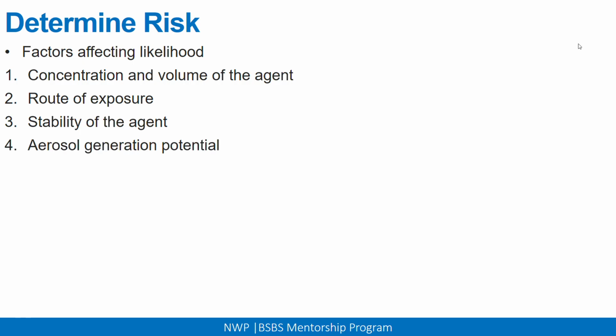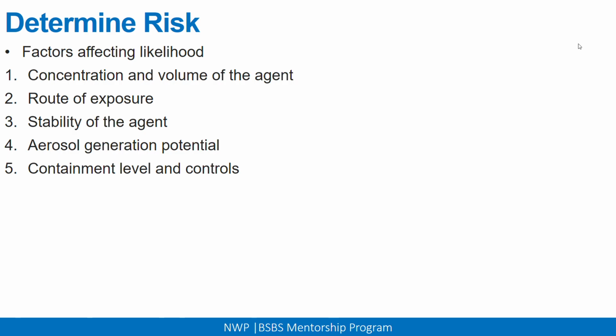Aerosol generation potential: the greater the aerosol generation potential, the greater the chances that you can get exposed to this particular biological agent.